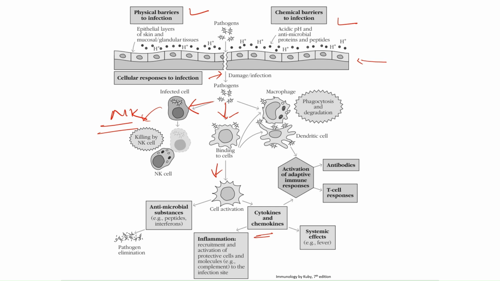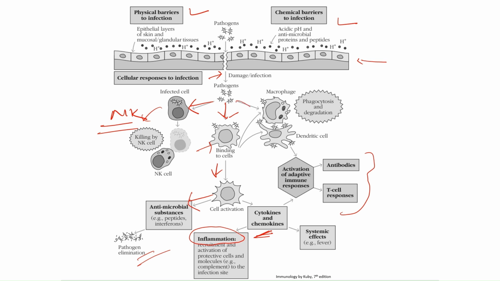So in the second line, the pathogen that entered is recognized by some molecules of our body. These molecules activate certain intermediary cells which produce the cytokines or chemokines, calling the adaptive immune response of our body. Also, because of these cytokines, we get inflammation. After the cell activation, another way is that these cells can produce some chemicals which are antimicrobial in nature, and that's how they can eliminate the pathogen.